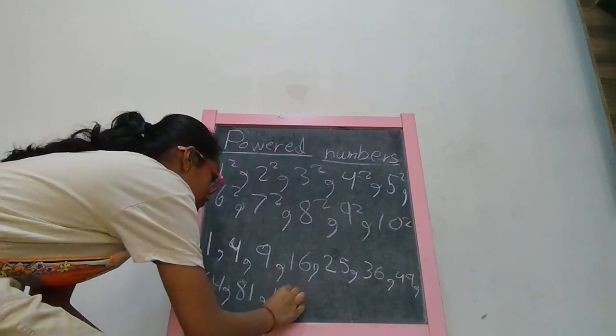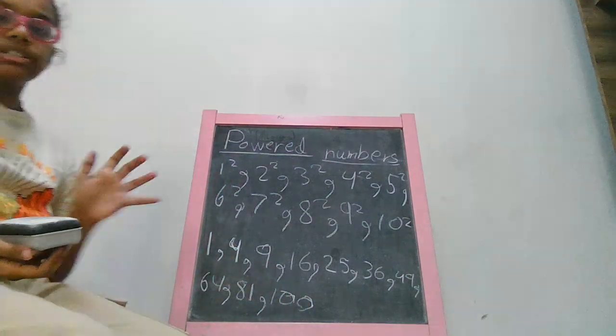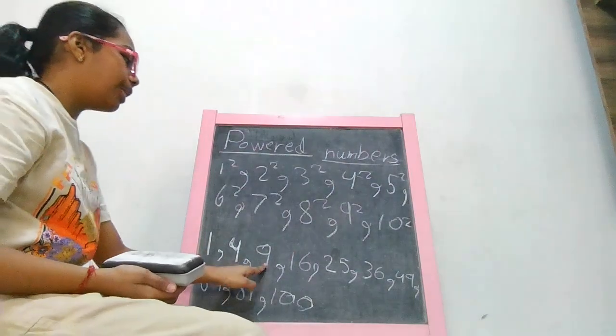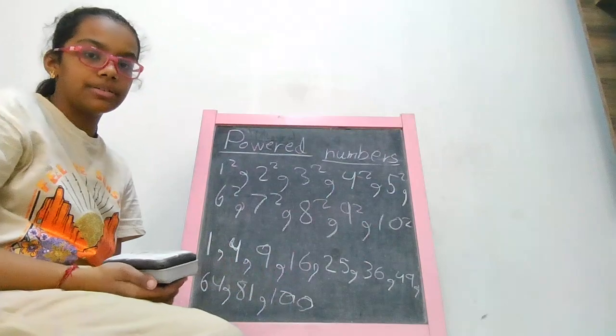And 10 times 10, 100. So meaning from 1 to 100, we have 10 squared numbers. That's 1, 4, 9, 16, 25, 36, 49, 64, 81 and 100. Okay?